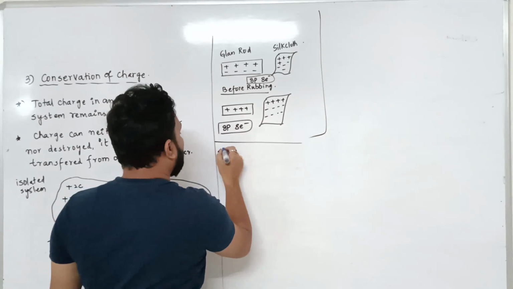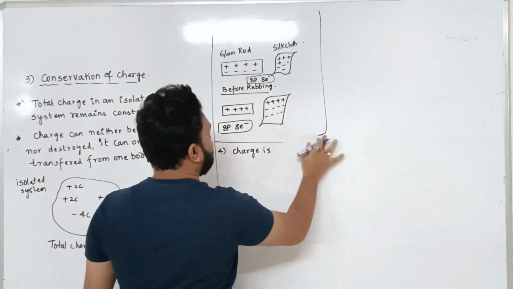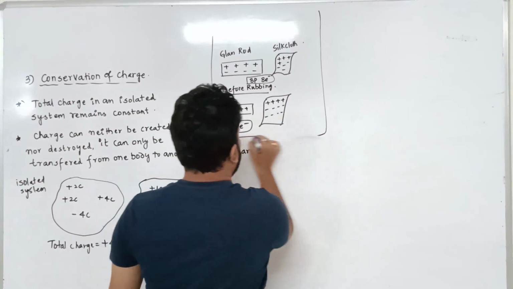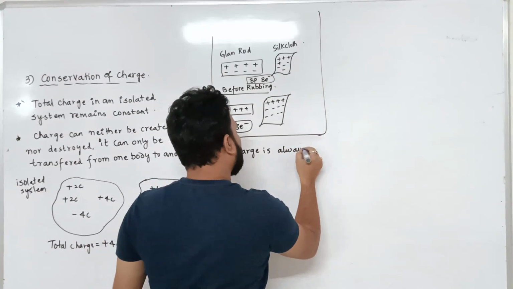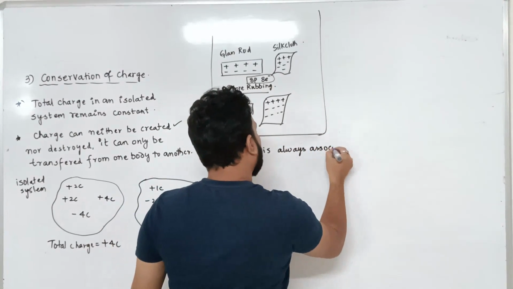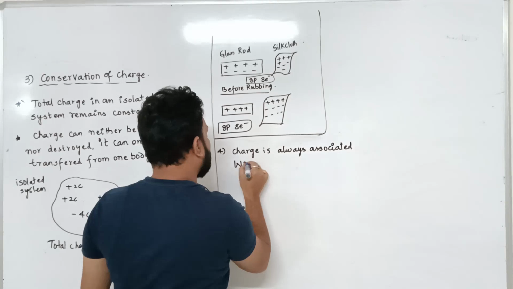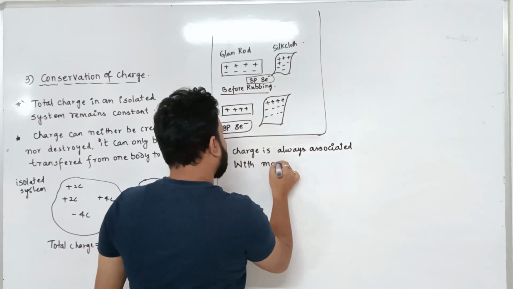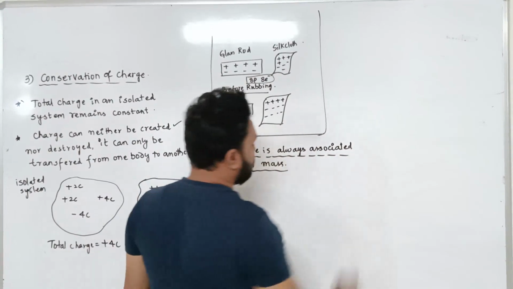the fourth property: charge is always associated with mass. What do you mean by this? Charge is always associated with the mass.